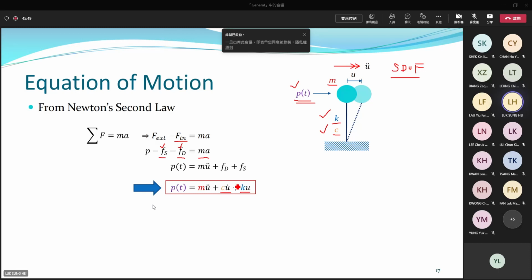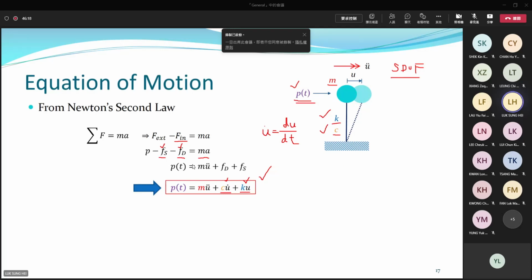So according to this linear model, you can replace Fd by C u dot. U dot means velocity, du/dt. So you can replace our original formula with this simple form. Applied loading is equal to mass times acceleration plus damping coefficient times velocity plus stiffness times displacement.